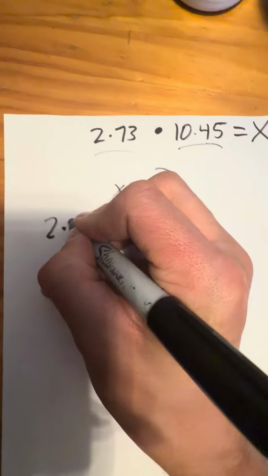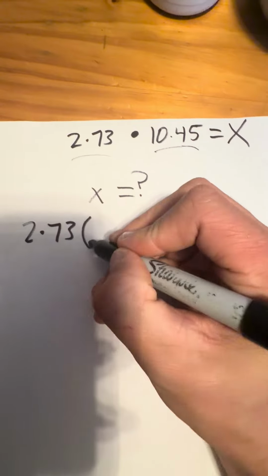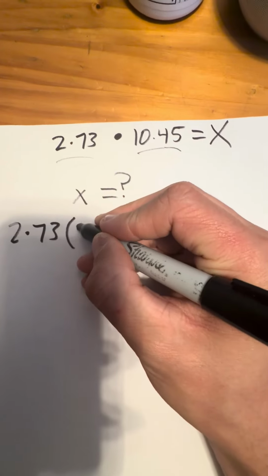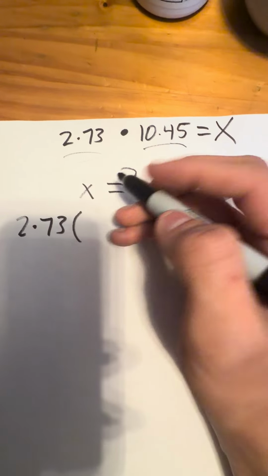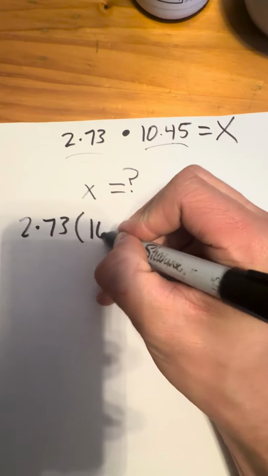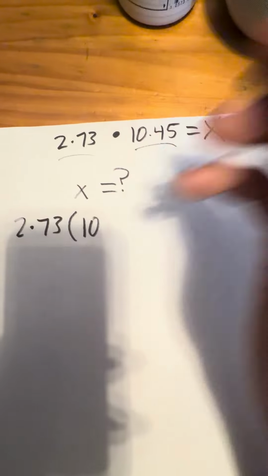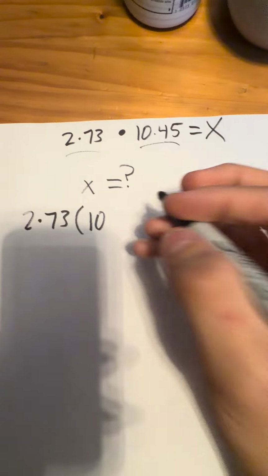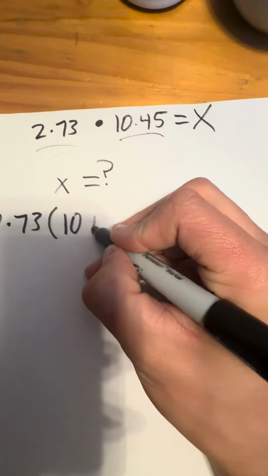So we're just gonna leave 2.73 the same, and then we're gonna split up 10.45. I'm splitting it up in the easiest way I think is possible.